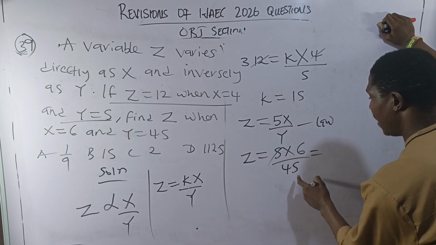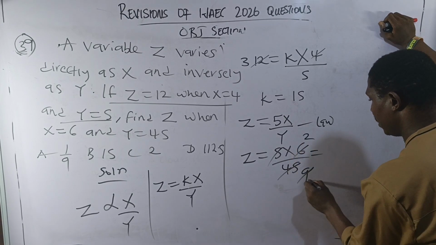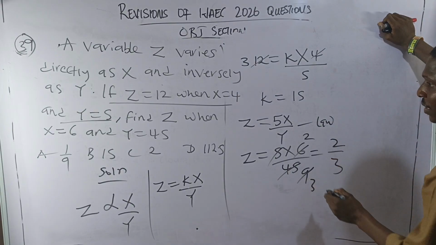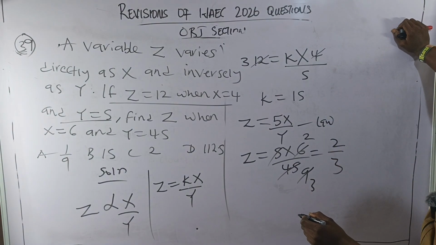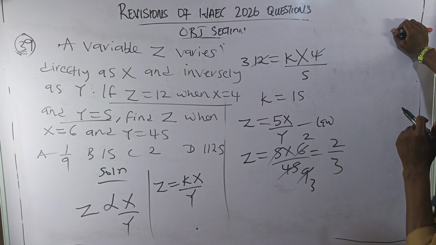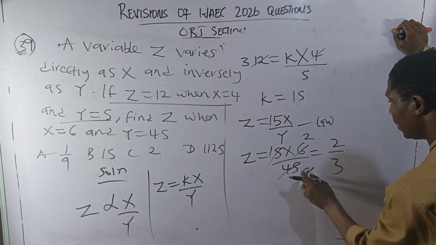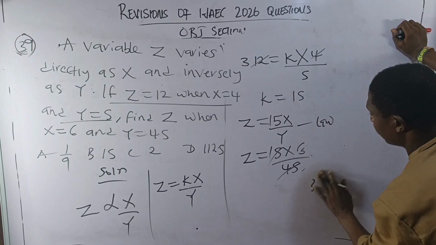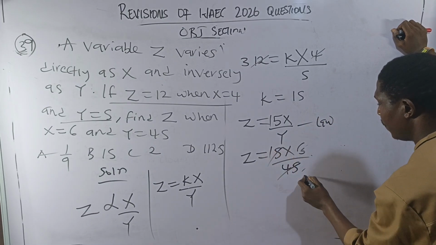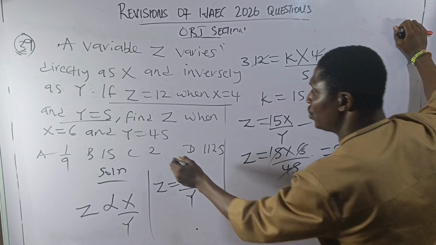Let me review. Oh, this is 15. So 15 here is 1, 15 here is 3. And 3 can cancel this to give me 2. So my z is 2, which is C.